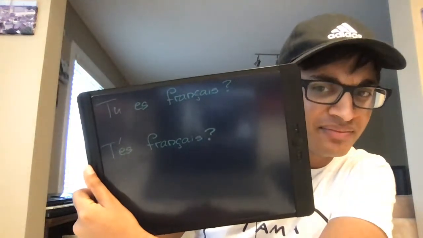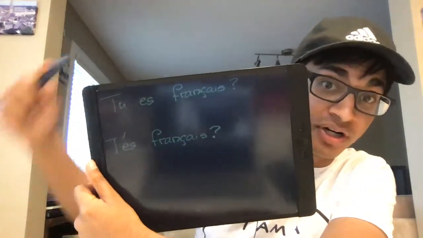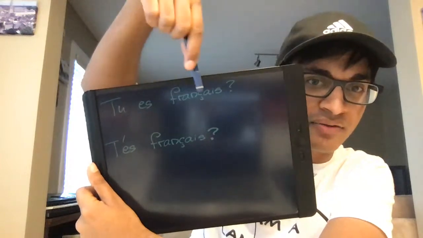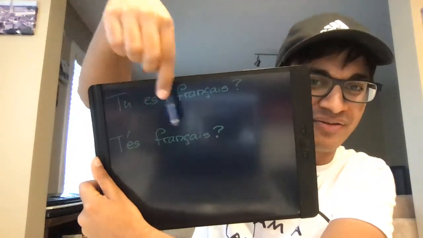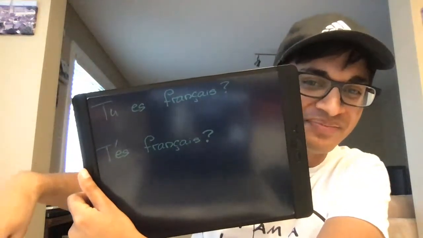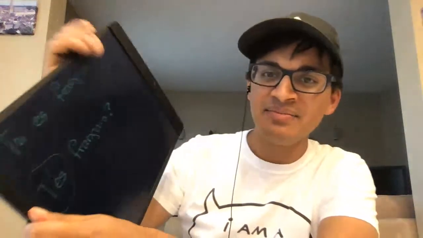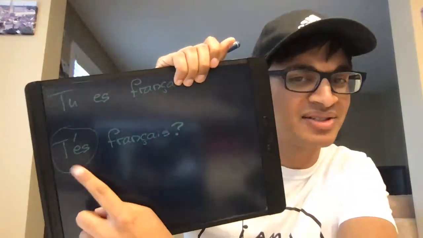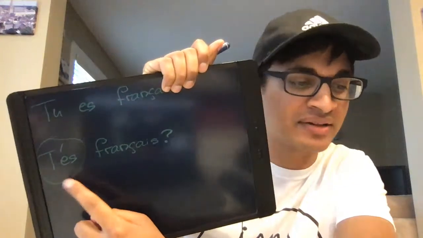Are you French? Or word for word, you are French? Question mark. Please note, this t'es, you never actually write. This is not a written form. I just wrote it as you pronounce it. So this is one way that you may ask questions in French. Okay.